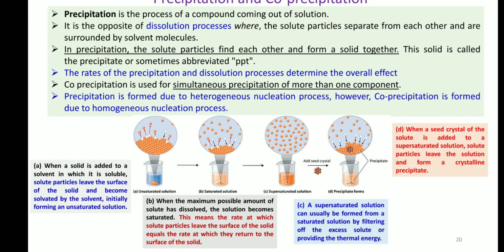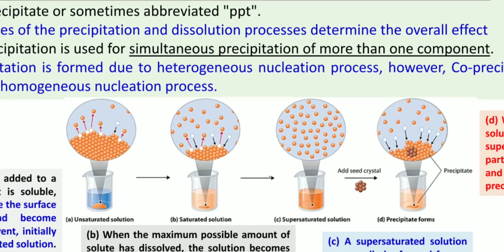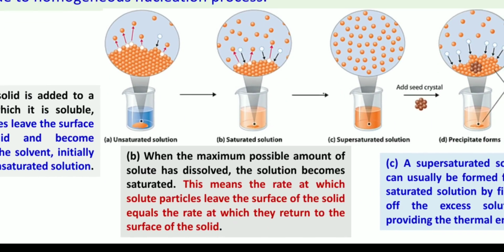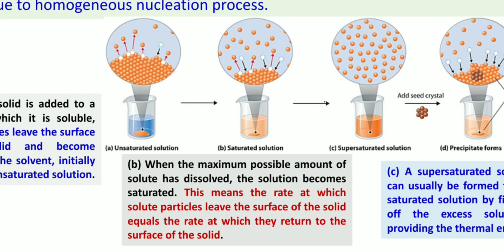In the second case, what you can see is B, a saturated solution, because the solute is getting dissolved in the solvent and keeps on dissolving. As the solute dissolves in the solvent, the concentration of the solute goes on increasing until it reaches the saturated solution.